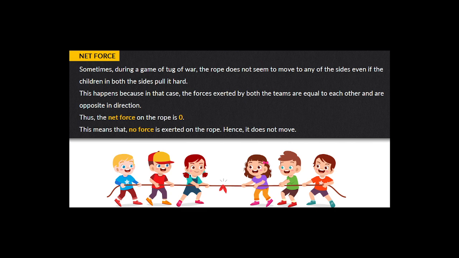What did you understand over this slide? The both teams are forcing in the opposite direction. The team without the boy with the hat is pulling it this way. And the one with the hat and the blonde hair is pulling it this way.